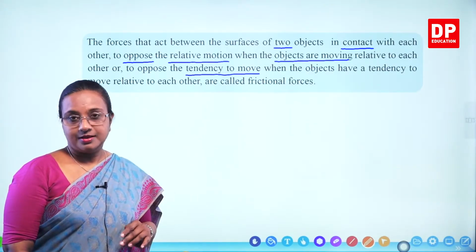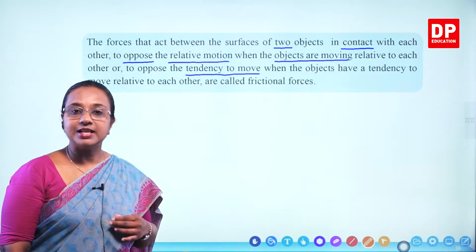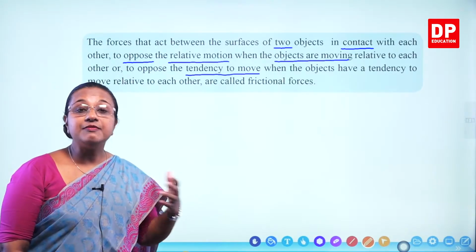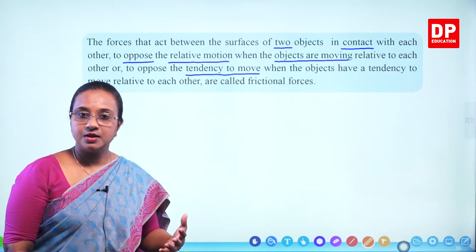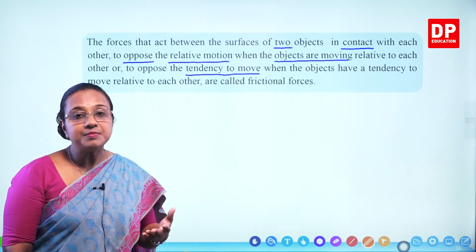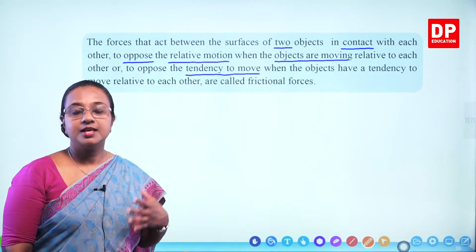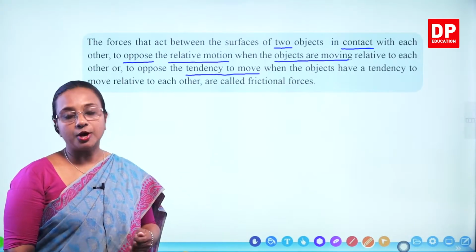With that in mind, now let us look at the different instances where frictional force acts, or the three types of frictional forces related to movement of objects.